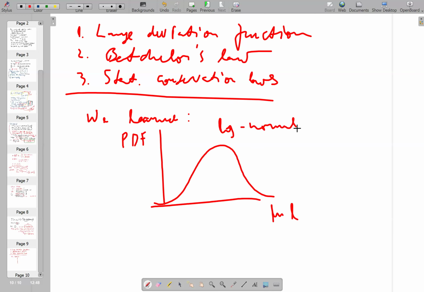Now, this is only approximate, because it would be exactly log normal if the jump lengths were very small. The normal distribution is valid for diffusion processes.